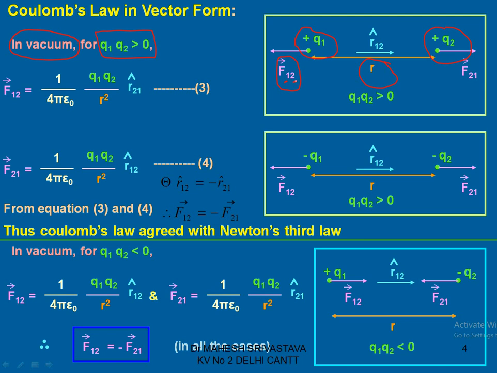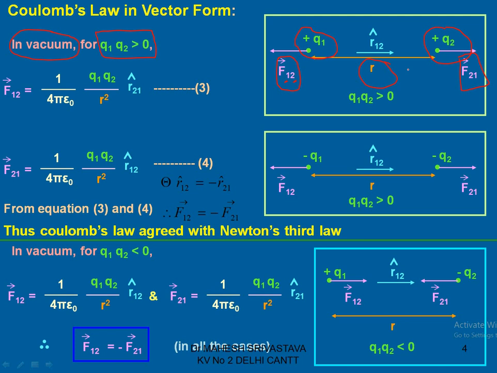So F12 vector is the representation of force acting on charge Q1 due to Q2. Similarly F21 vector is representing force on charge Q2 due to Q1. Since both the charges are positive, repulsive force takes place between them. So that's why you see that these arrows are away from each other.